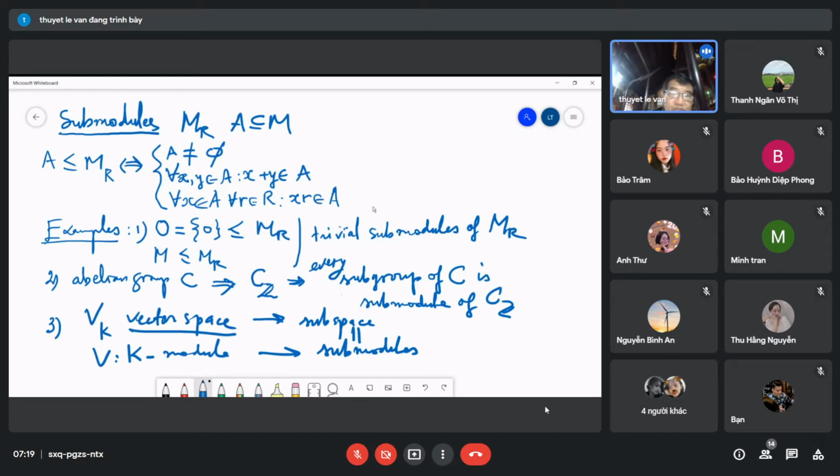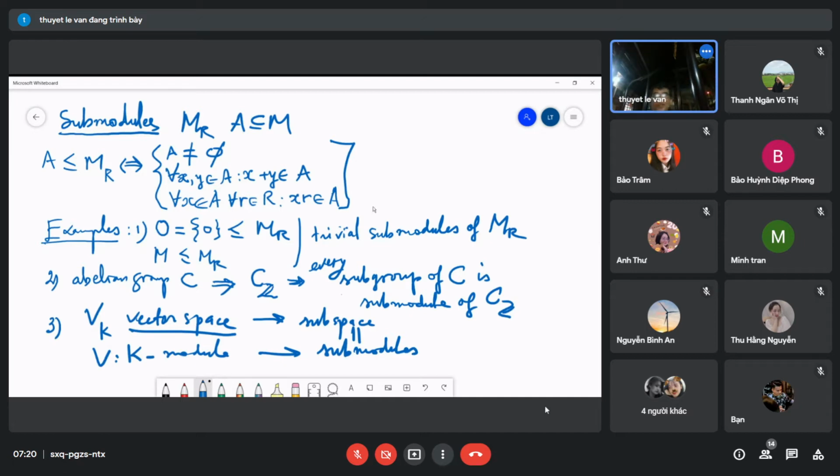Because the condition of subspace is very similar, is the same as here, meaning that the subspace should be a nonempty set, and then for every two vectors, the addition of two vectors belongs to the subspace, and also a vector times a number in K should be in the subspace.